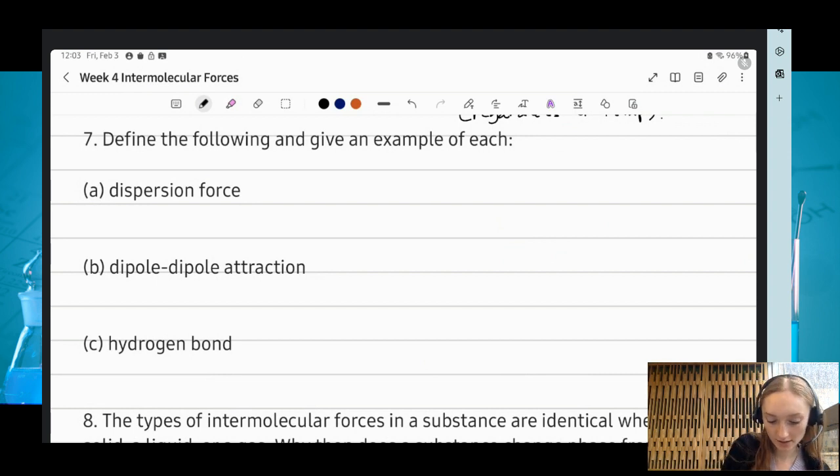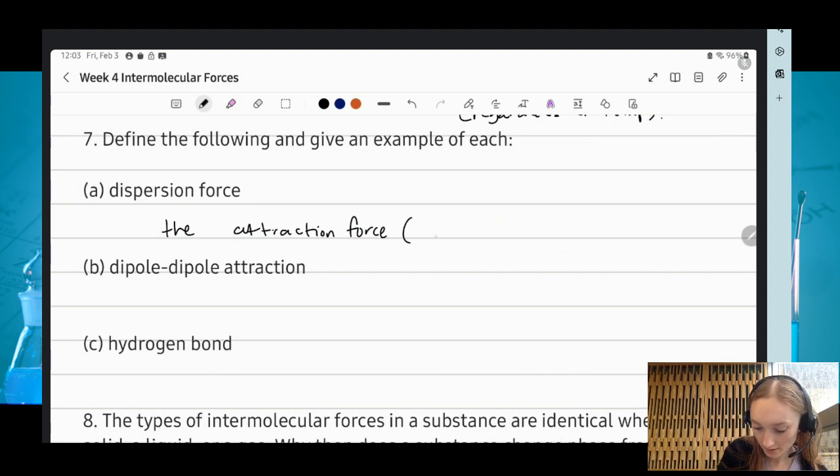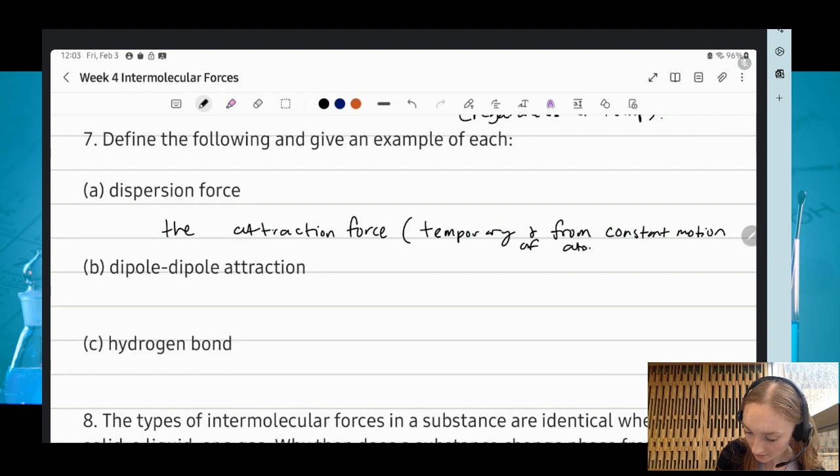So that is the attraction force. And it is temporary and from constant motion of atoms/molecules.